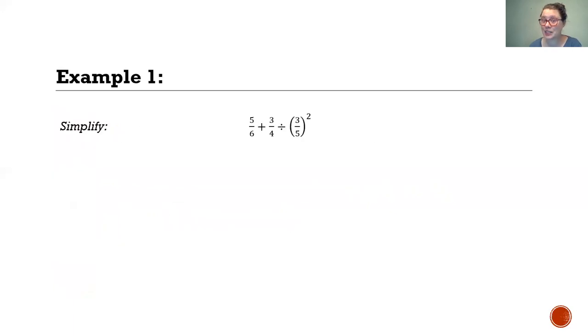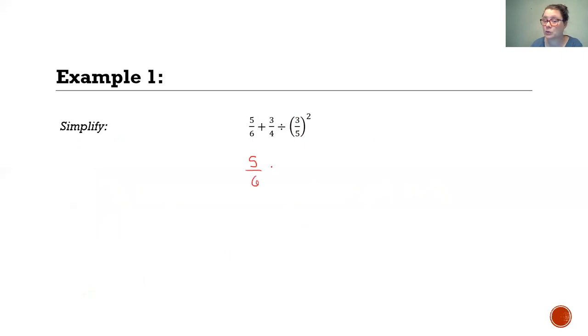So for this one, we're going to simplify. It is 5/6 plus 3/4 divided by (3/5) squared. You'll notice the squared is outside of the bracket for this. That means I need to square the top and the bottom. The whole fraction gets squared. So let's write this out in a little more friendly math way.